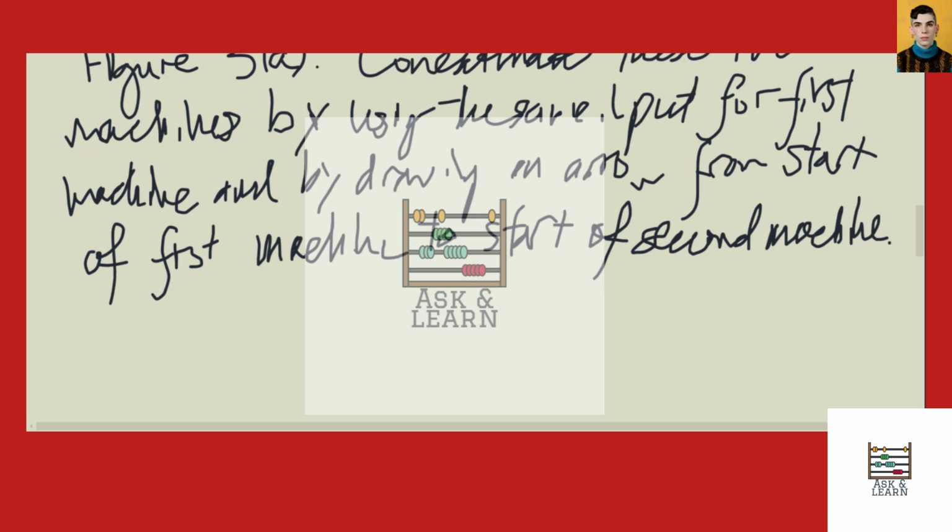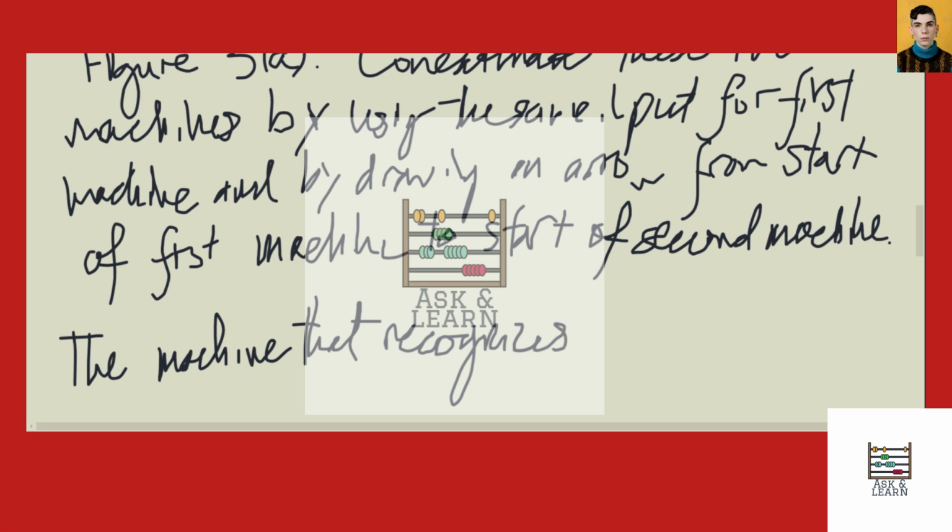Now, we have the nondeterministic finite state automaton that recognizes 0 star and the machine that recognizes 1.